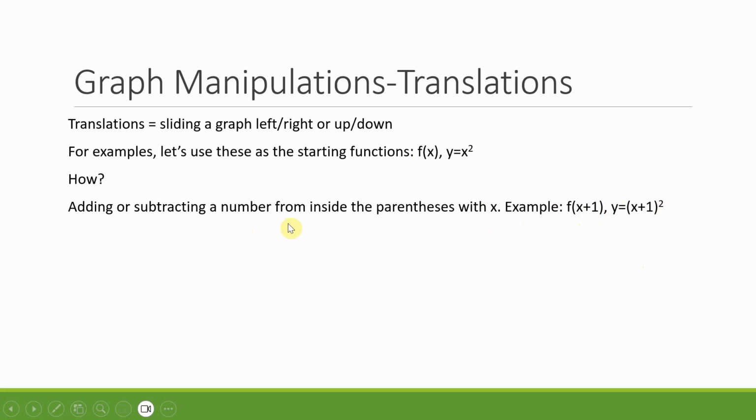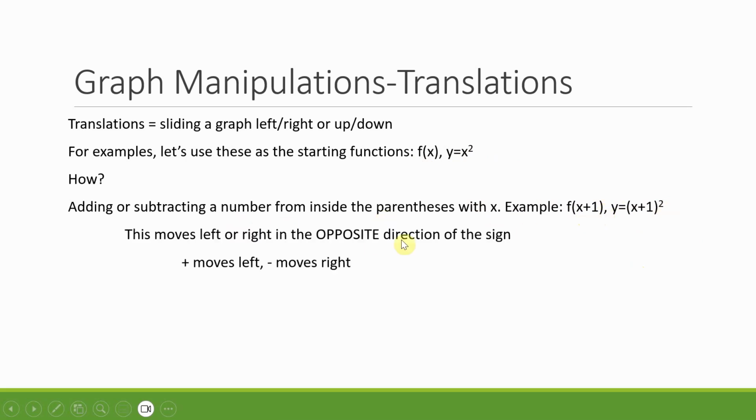So what does this do if I add or subtract something inside the parentheses? That's going to move it left or right in the opposite direction of the sign. So if I have plus, it's going to go to the left. If I have minus, it's going to go to the right. So in these examples, it's actually going to move the original function to the left one spot.